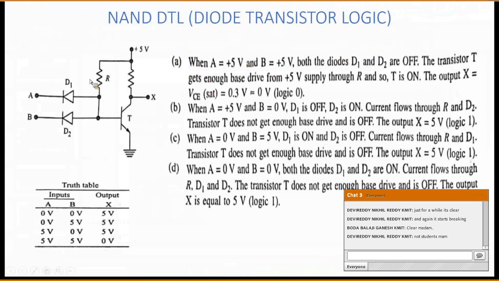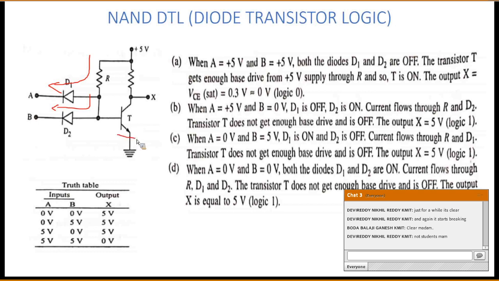So if these two diodes are conducting, then the transistor is not getting enough voltage to turn it on, because the complete current is going through D1 and D2. There is not enough voltage here, so the transistor will be in the off state.